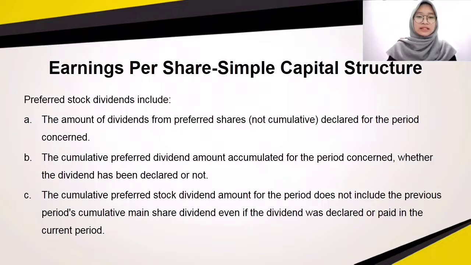The cumulative preferred stock dividend amount for the period does not include previous periods' cumulative dividends, even if declared or paid in the current period. And if a company declares a dividend on preferred stock when a net loss occurs, the preferred stock dividend is added to the net loss to calculate the loss per share.